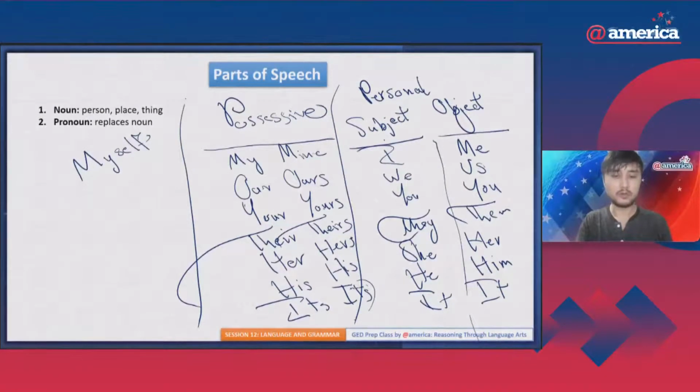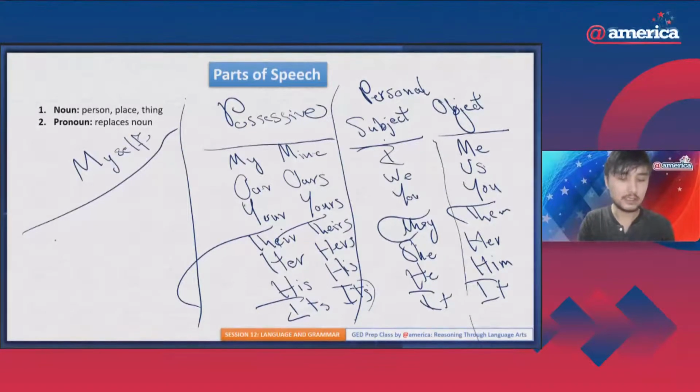So if you want to talk about using reflexive pronouns, let's say you have a sentence like I am fooling myself.